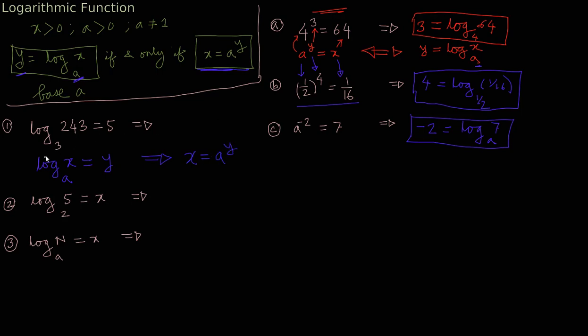All right, so let us see now. So here my x is 243, my a is equal to 3, and my y is equal to 5. So x is 243, so I can say 243 equals a.